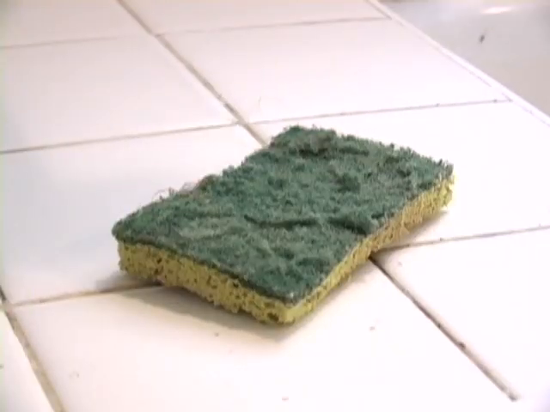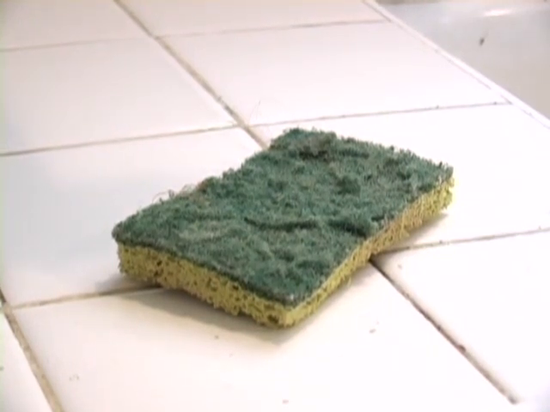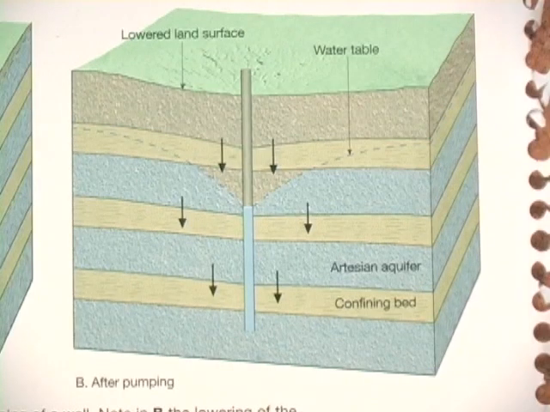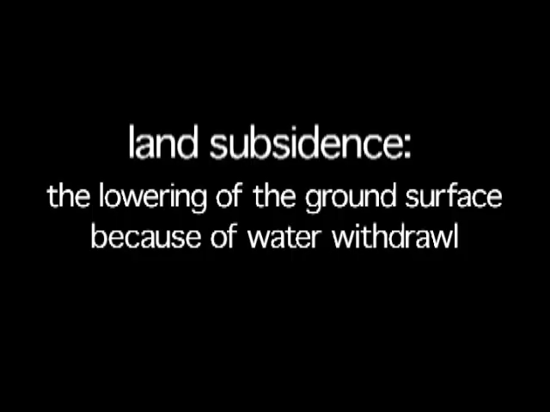What happens to it? It dries out, and you notice that the sponge gets smaller. So when you withdraw water from certain rock types and soil types, they will tend to shrink. What we get is land subsidence around areas where you're pumping a lot of water out of the ground, and you can get quite impressive land subsidence in certain places by doing that.